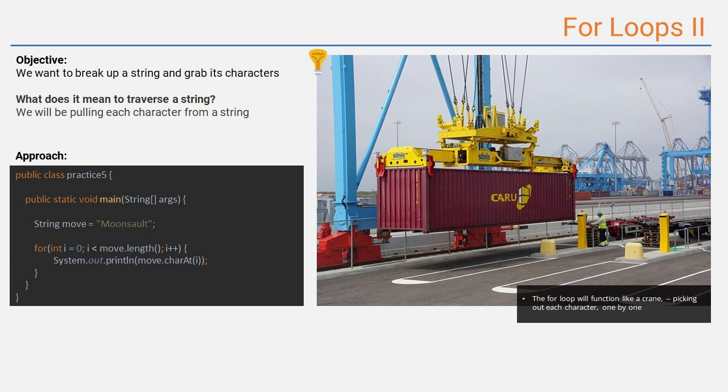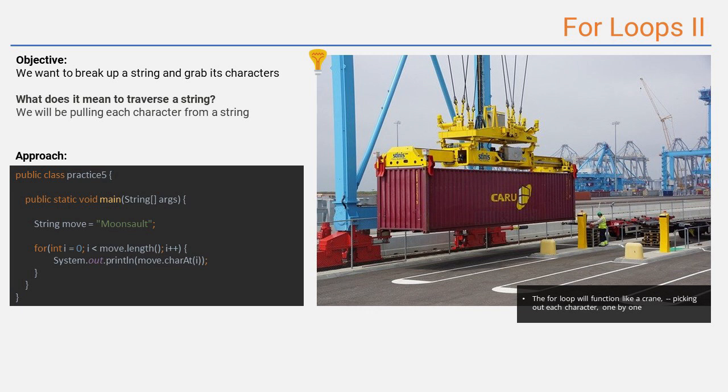We're taking this variable, which contains the word moonsault, and in our for loop, we are using the letter i, which is equal to 0, that's our starting position. Then we are going to stop at the total position, which is move.length.